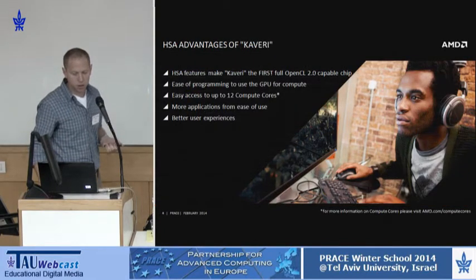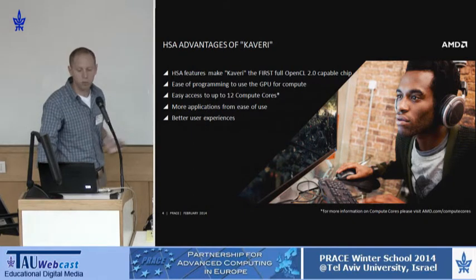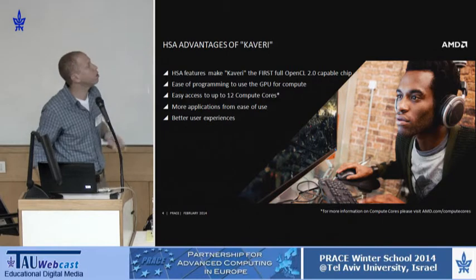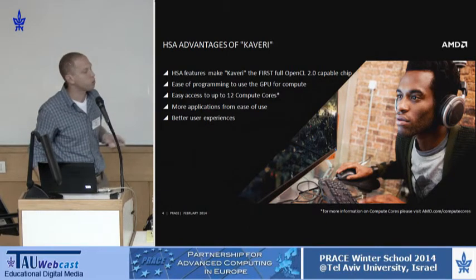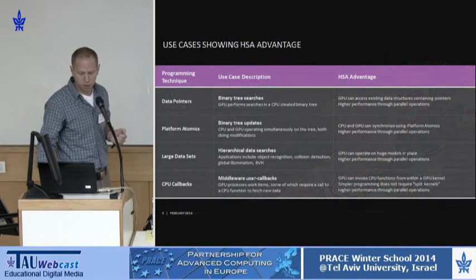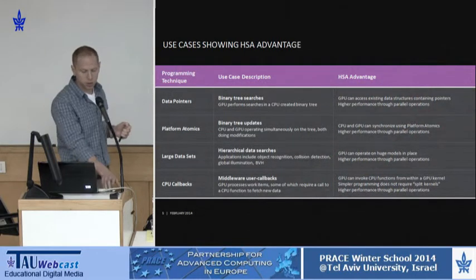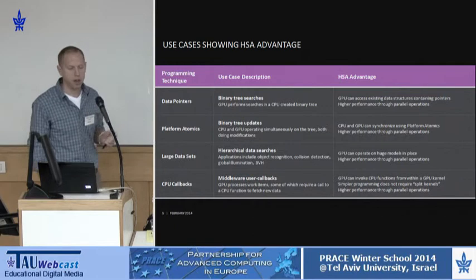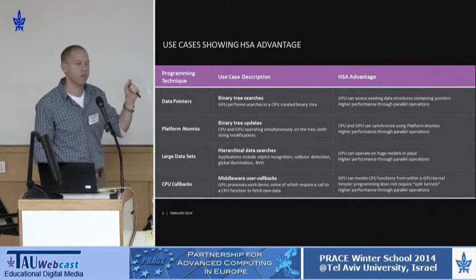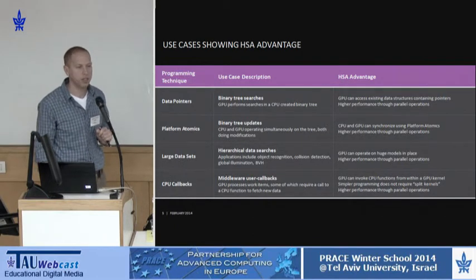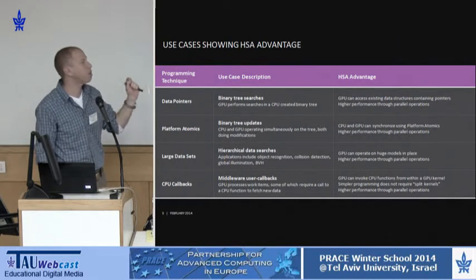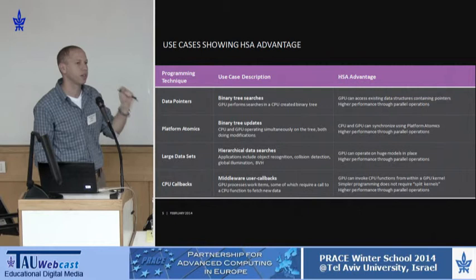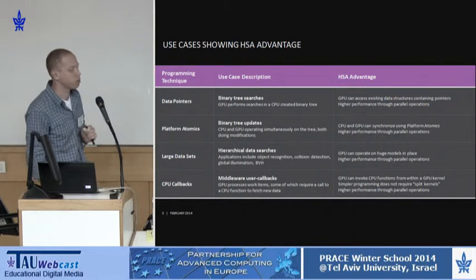So as I said earlier, Kaveri is our first APU, accelerated processing unit, that is fully HSA compatible, and it is also compatible with OpenCL 2.0. Today I'll give 4 examples of how those features that I just described are helping to solve real-life issues that we encounter when we do GPU programming.